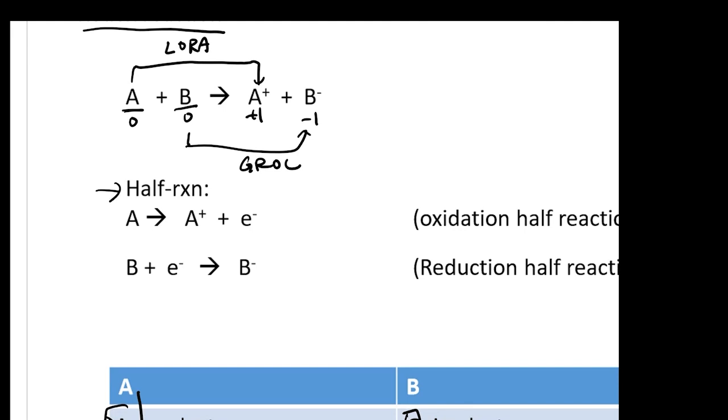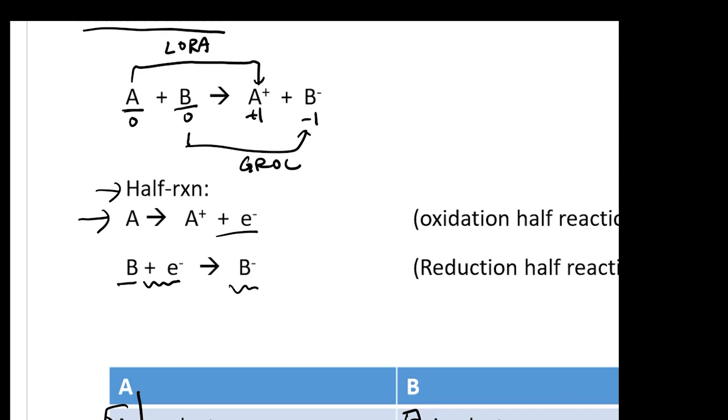This is a very important step that you need to do by yourself. A becomes A+ and loses an electron, and B gains an electron, therefore it becomes B-. Later, when we do balancing equations, this will become a critically important step.